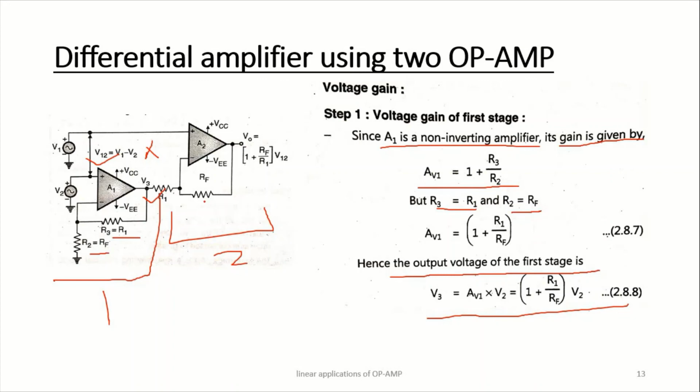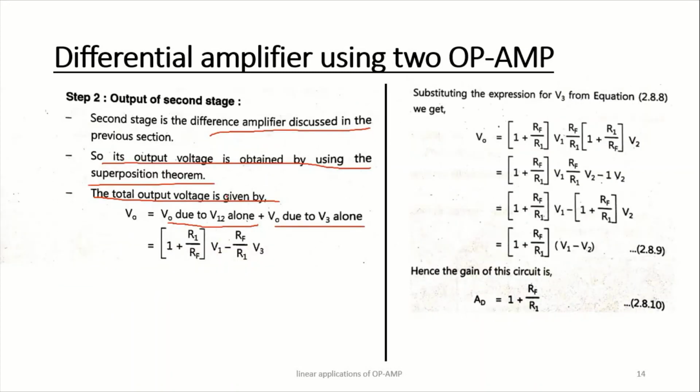And the voltage due to V3 alone is RF by R1 into V3. It acts as an inverting amplifier, because V3 is applied at the negative terminal and V12 is applied at the positive terminal. Therefore, the V12 output is 1 plus R1 by RF into V1 and the V3 output is minus RF upon R1 into V3, with a negative sign because of the inverting terminal.